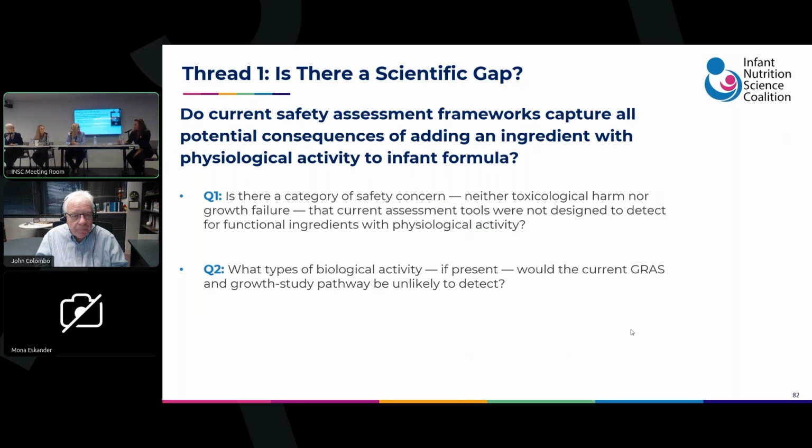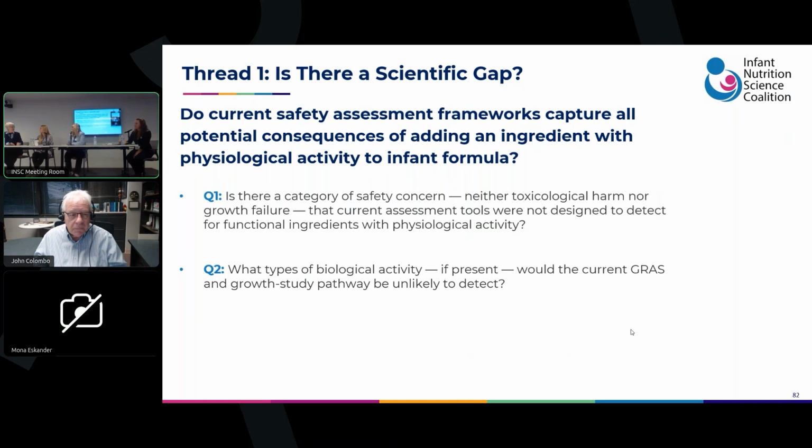I guess, does that tie in with this first point that we're talking about? I mean, looking at outcomes versus the question of, do we have the tools necessary to evaluate the safety of functional ingredients on other physiological systems? Sounds like a similar question. Well, maybe it's a question more of what is the outcome.